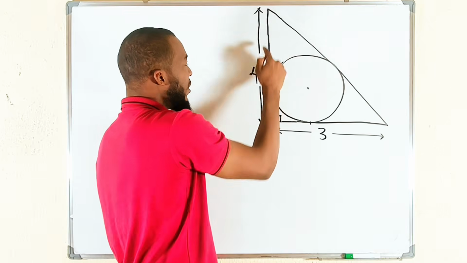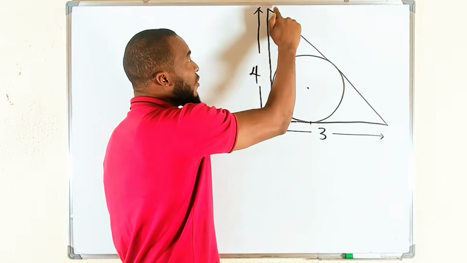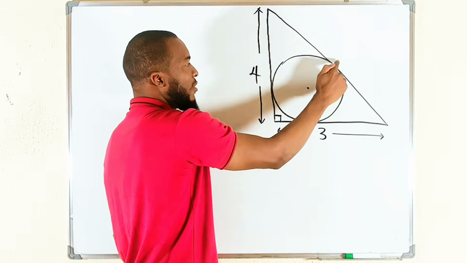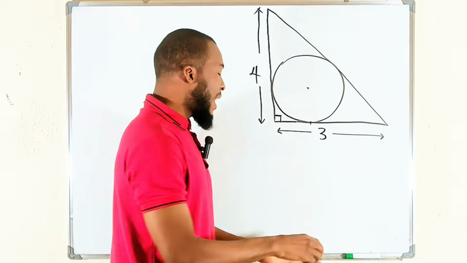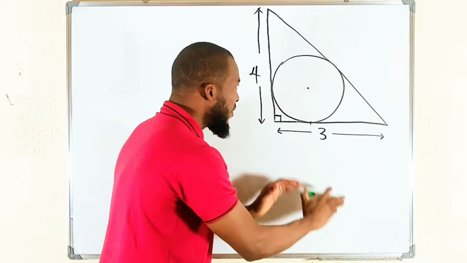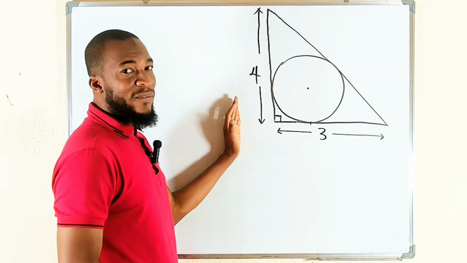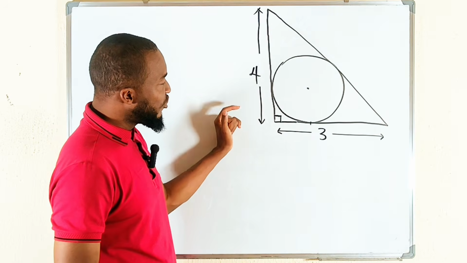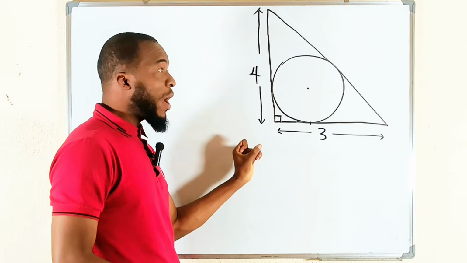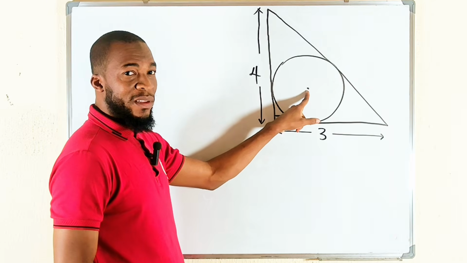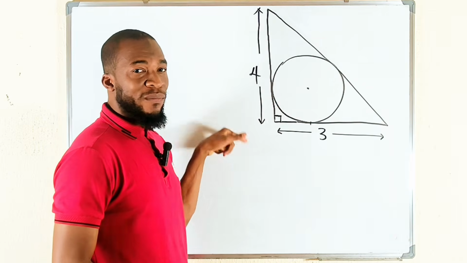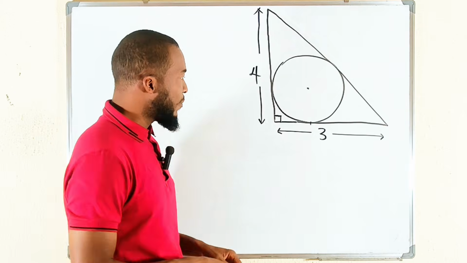This is equal to that. Similarly, from this point to the point of tangency is equal to the distance from this point to the point of tangency. If that is the case, we are going to split these values because the total length of this side is 4, but we can split it into r and 4 minus r. Why? Because remember, from the center of the circle to any part of the circumference is a radius.